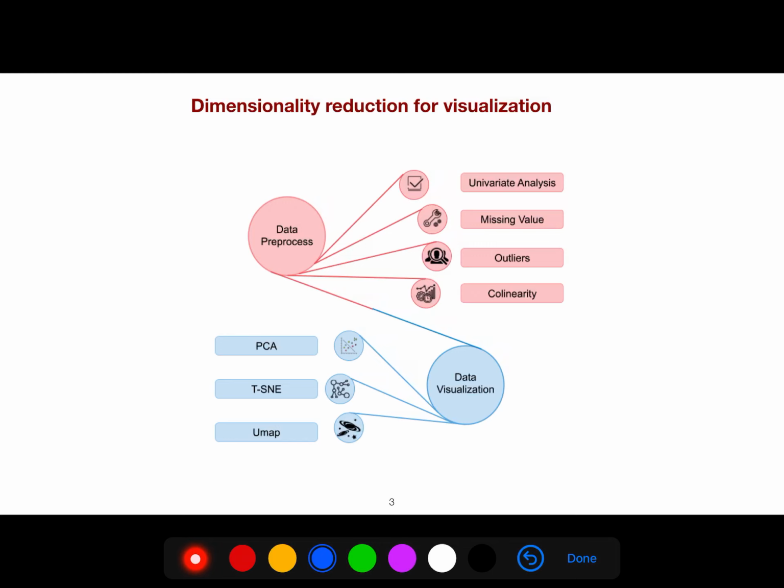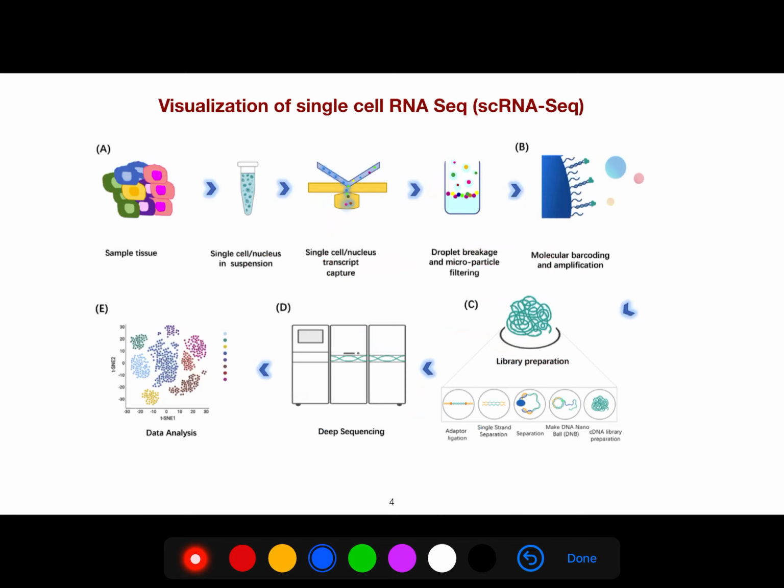Most of the time people start with PCA, principal component analysis, and then they even combine it with t-SNE or UMAP. In visualization for single cell RNA sequencing, which I really like, nowadays instead of just a single cell, we can have thousands of cells.